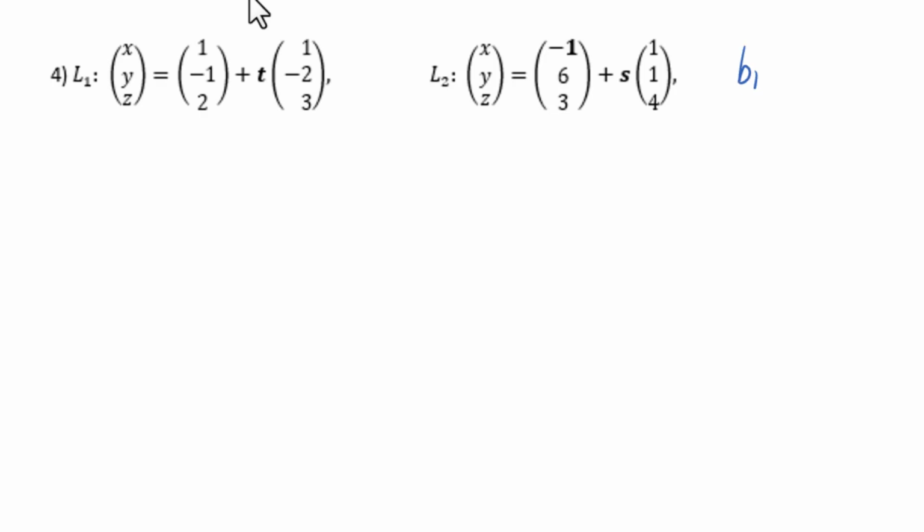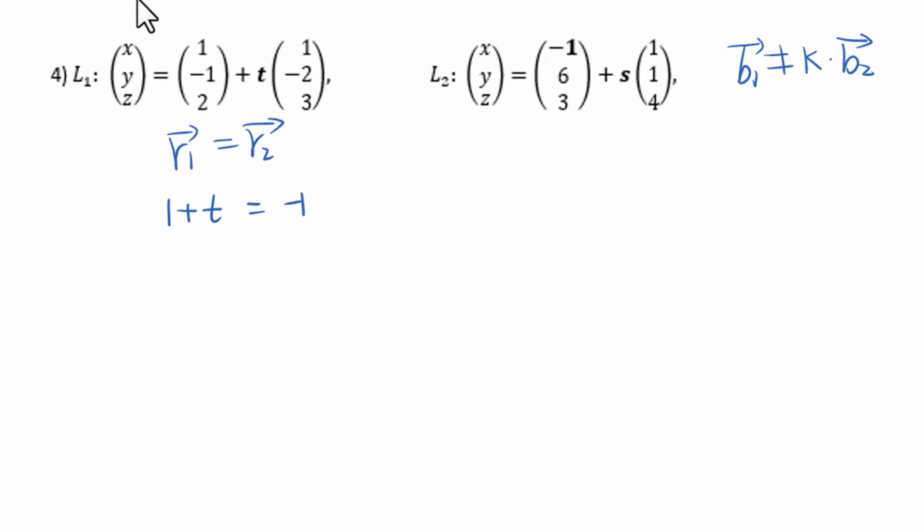Since B1 is not equal to k times B2, these two lines are intersecting or skew. We will set up R1 equals R2, so that 1 plus t equals -1 plus s. -1 minus 2t equals 6 plus s. 2 plus 3t equals 3 plus 4s.